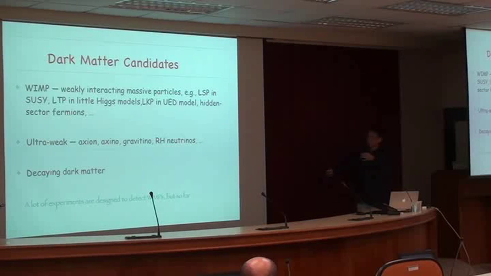The other type is ultra weak, like axion, axino, gravitino, right-handed neutrino, and so on. There is another type where dark matter is decaying, as long as its lifetime is about the same order as the age of the universe. A large experimental effort has been designed to detect WIMPs because they have some interaction that we may be able to see. For the other types, it is very difficult, but not hopeless.